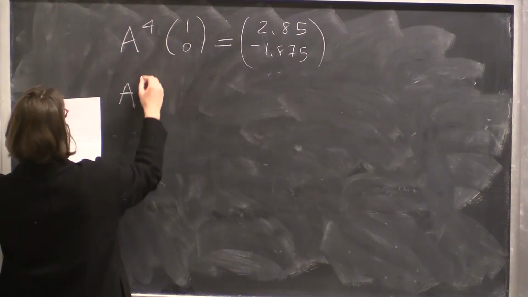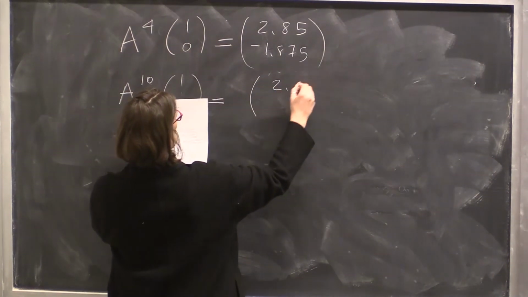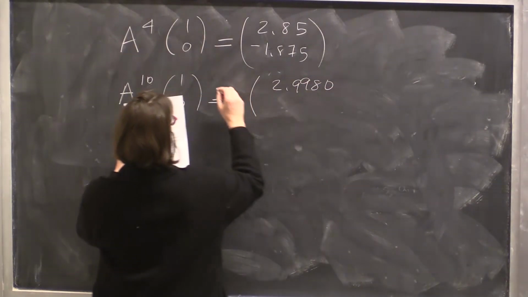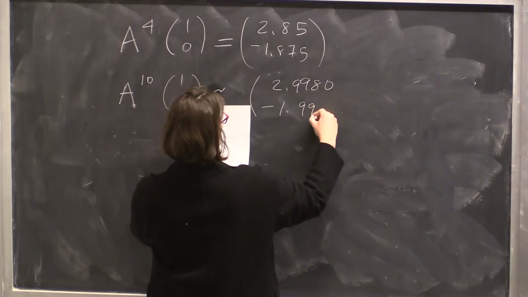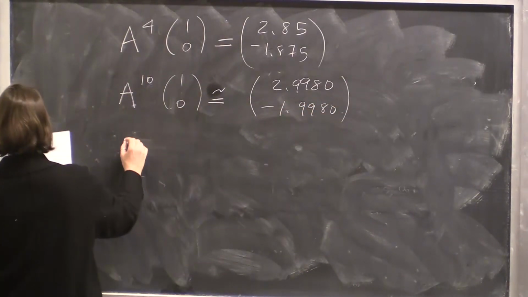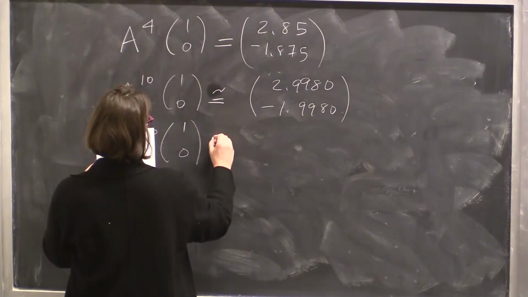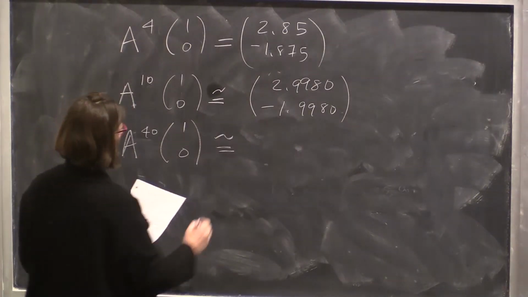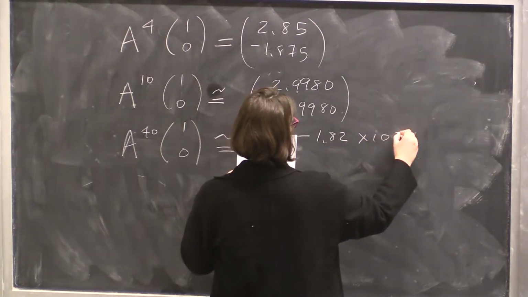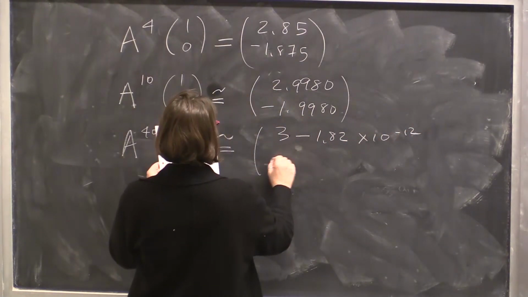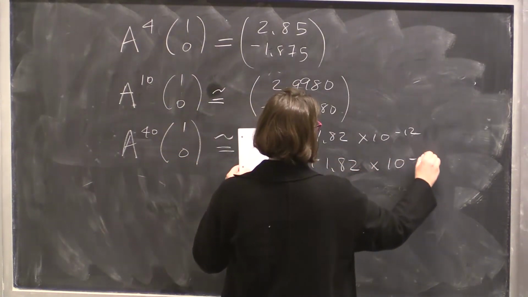If I apply A 10 times, I get approximately (2.9980, -1.9980). If I apply A 40 times to the standard basis vector, I get (3 - 1.82 times 10 to the minus 12, -2 + 1.82 times 10 to the minus 12).